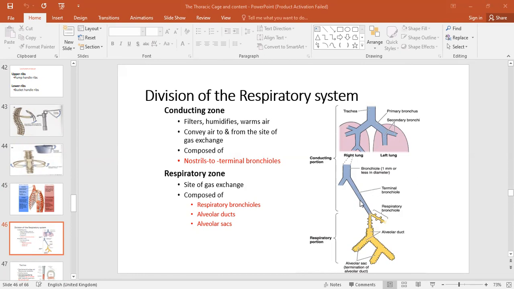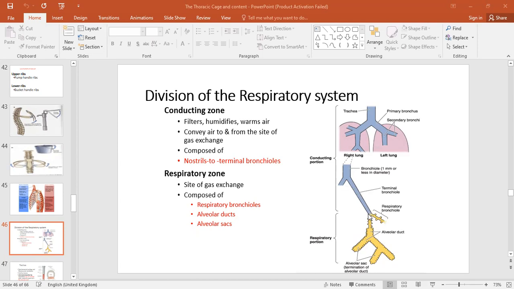So terminal bronchioles are further from the alveoli, whereas respiratory bronchioles are closer to the alveoli. So at this stage where it is blue, those are terminal bronchioles, and these are part of the conduction zone. So conduction zone simply channels air towards the alveoli.